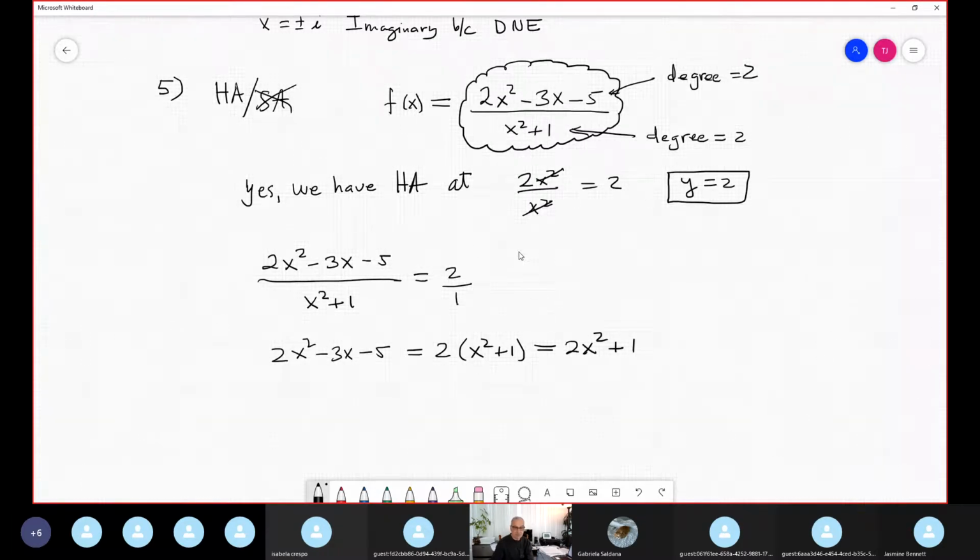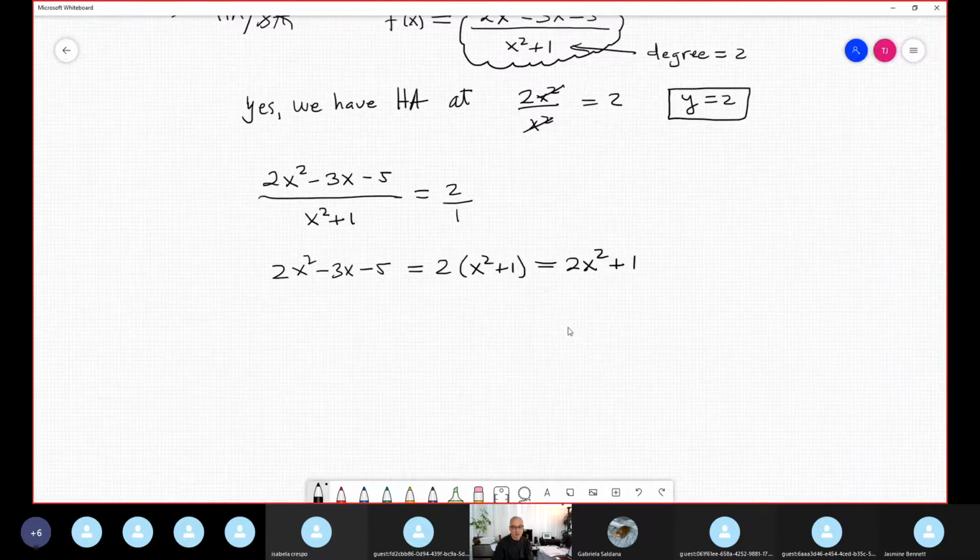Okay, at least this part is cancelled out because it's the same term. And stays only minus 3x minus 5 equal to 2.